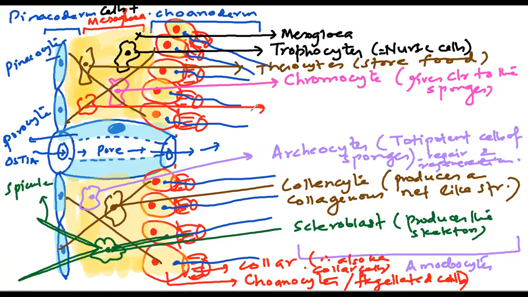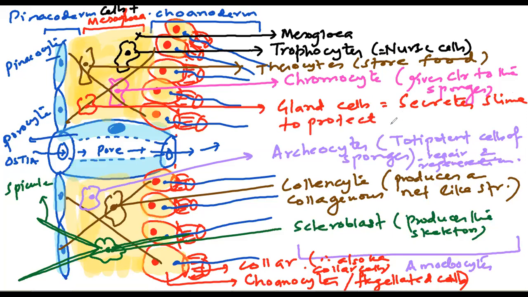Suppose this is your gland cell. What will it do? It secretes slime to protect from water. The slime will protect the sponge body from water.